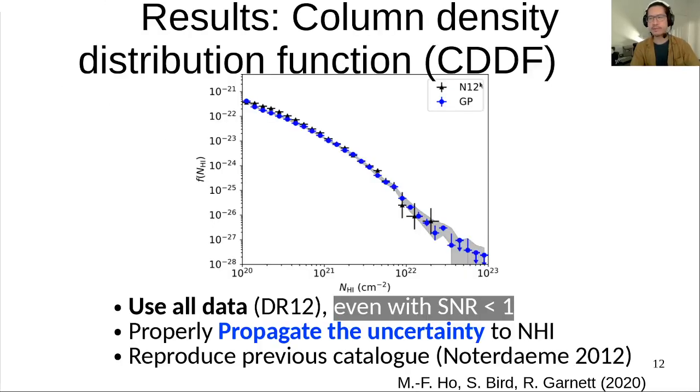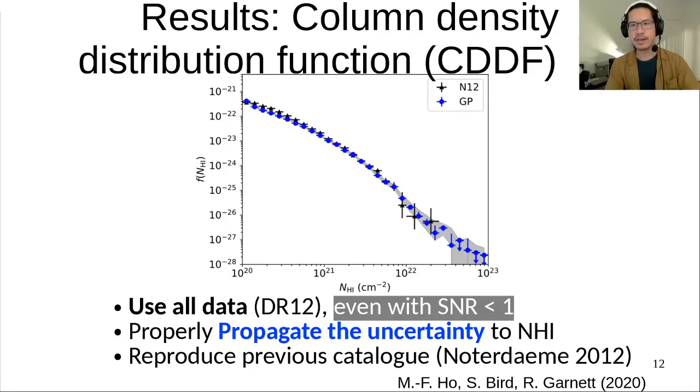So we can furthermore propagate our probabilistic estimation of DLAs to column density statistics. This is the column density distribution function, which is the number of DLAs per unit absorption length per unit column density bin. Basically, the CDDF shows the abundance of DLAs as a function of column densities.